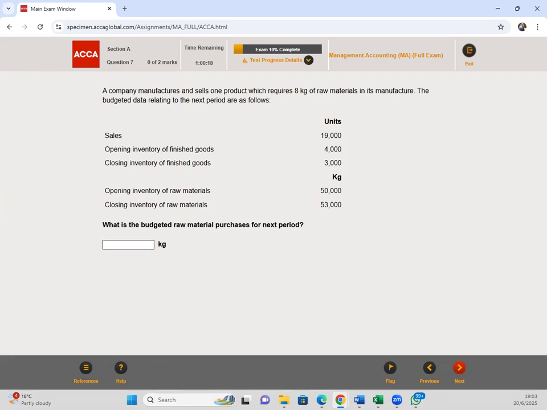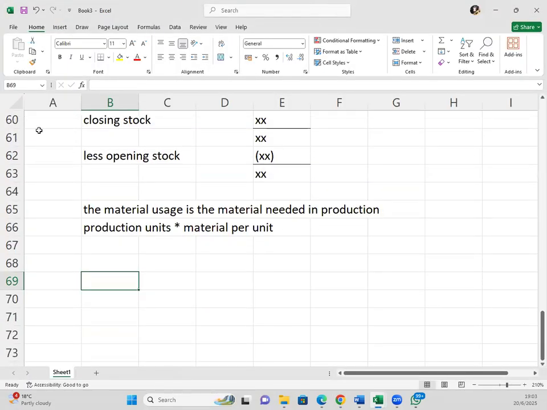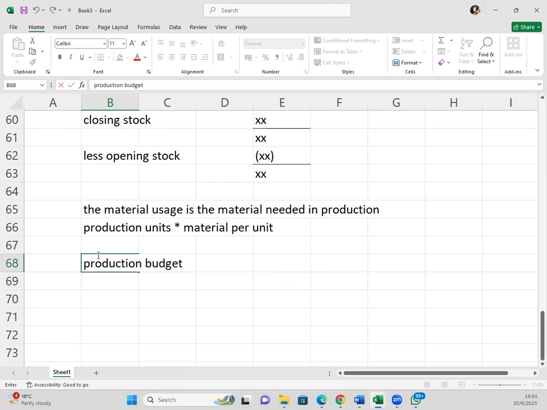How do you do that? We use the production budget. So the production budget tells us how many units you're planning to produce. It's still a budget.